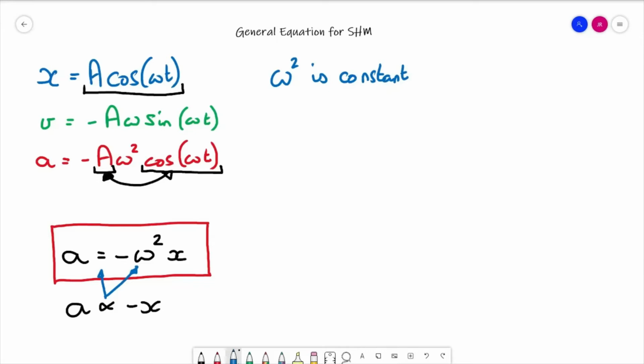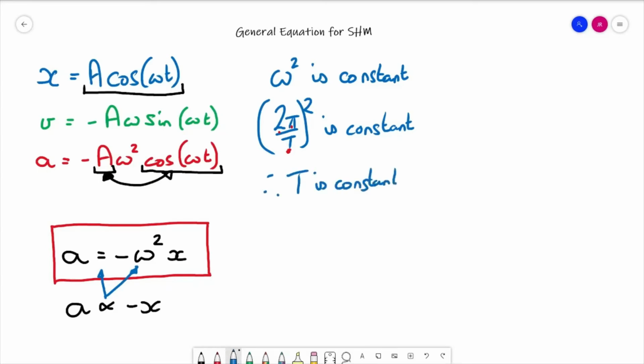And because omega squared is a constant, when we substitute in 2 pi over T, obviously remembering to square all that, is a constant. When we look at all of this, well, 2 and pi are just numbers, and the only thing in there that could possibly vary is the time period, and therefore we can say that the time period is also a constant.